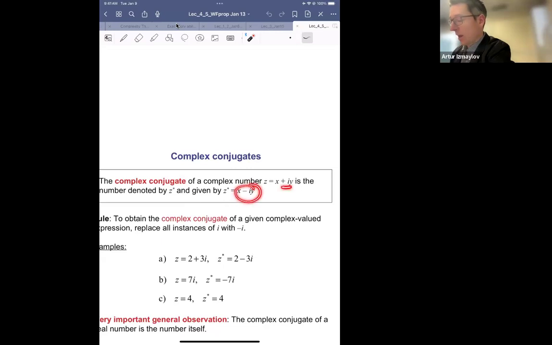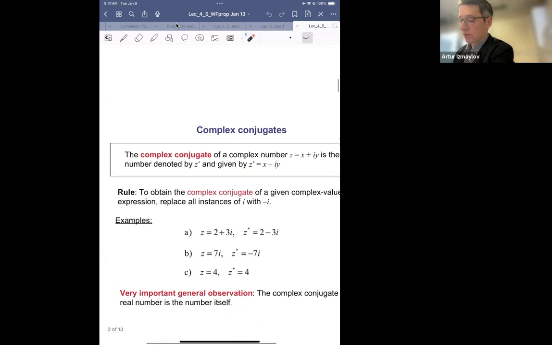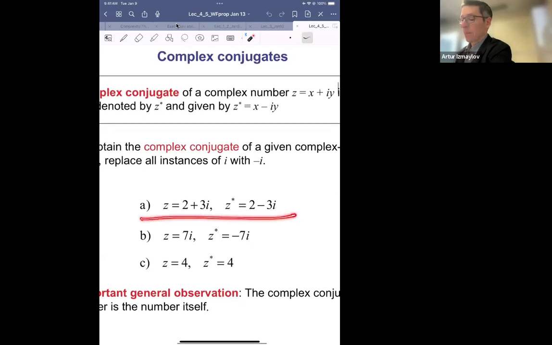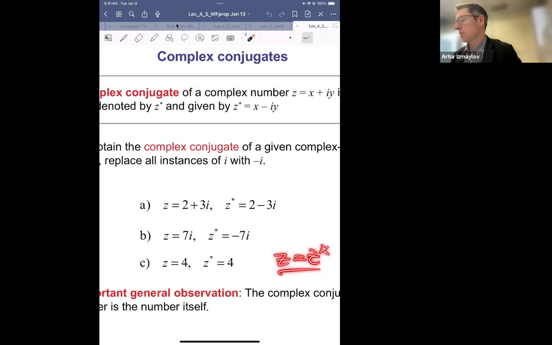So if it was i with plus, then it switches to i with minus. If it was with minus, then it switches to plus. Here are some examples. If we do the conjugation, the only part that changes is the imaginary part, so the real part stays the same. For real numbers, z and z star are the same. So if we find in some problem that z equals z star, that means z is a real number.